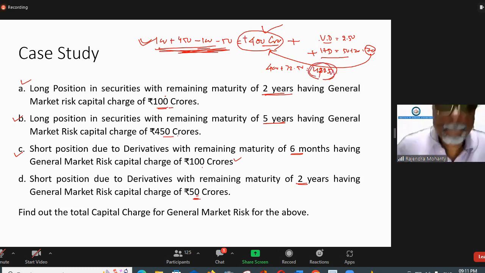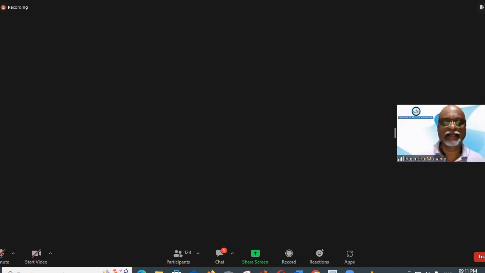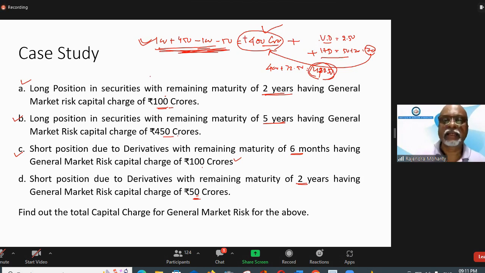Sir, one question. When do you use the minus sign? Actually, I did not get it. That is why it is said that the calculation of capital for market risk is done as the algebraic sum of the general market risk. Because these are long positions, it is a positive position for the bank, and the short has to be minus.